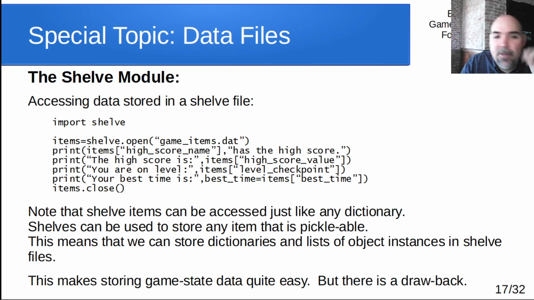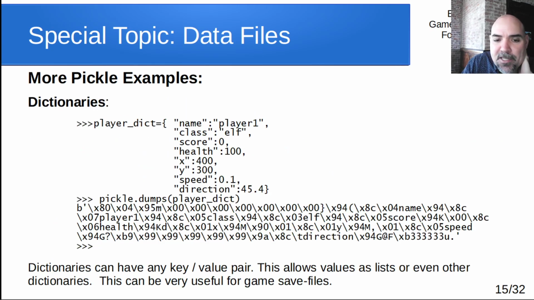Okay, so that makes storing game state data really easy. But the one drawback with using shelves and using Pickle is, let's go back for a second and look at what this stuff looks like when it gets stored in the file. It's this complicated mess of stuff that, if we wanted to open that file and edit it or understand it, or use it in a programming language other than Python, it'd be difficult to do.